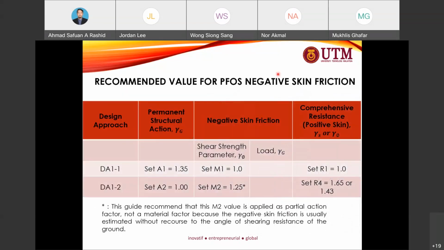Okay, recommended value for partial factor of safety, negative skin friction.